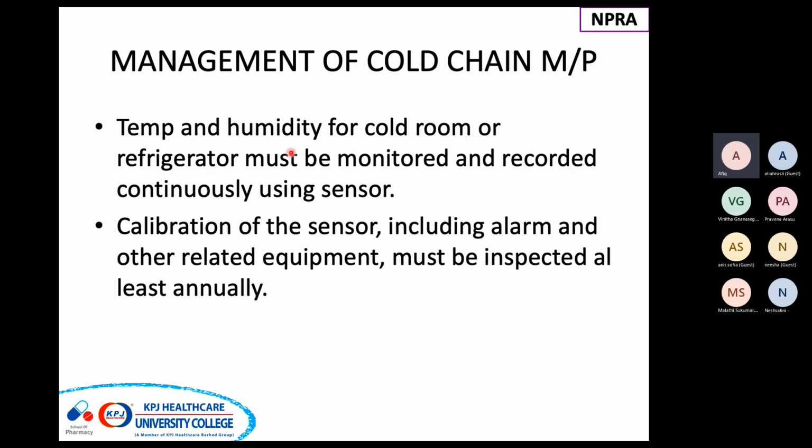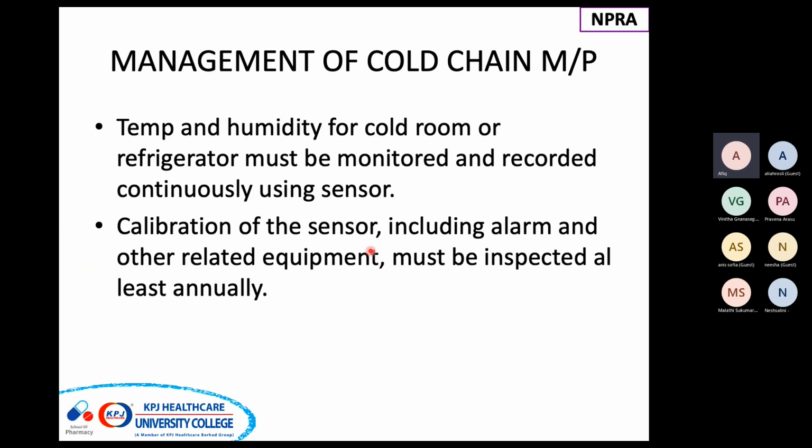Temperature and humidity for the cold room or refrigerator must be monitored and recorded continuously using sensors. There are specific sensors that you can place in the refrigerator to monitor the temperature. The sensor also must be calibrated, and you can have an alarm attached to it.